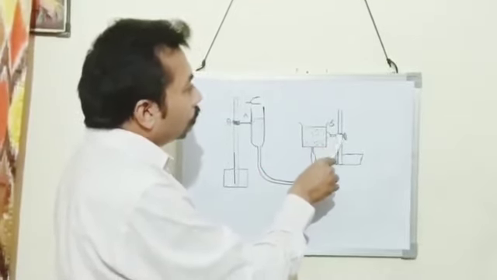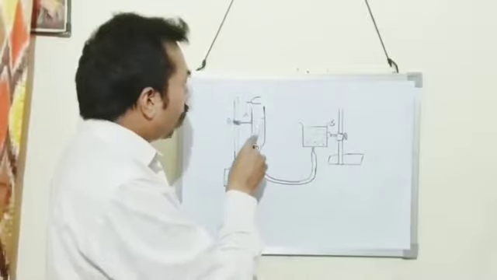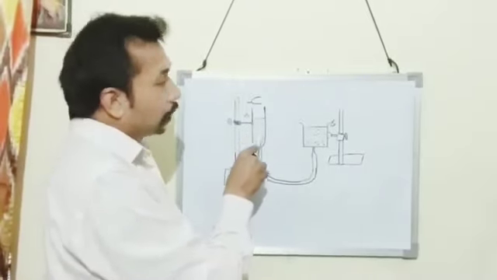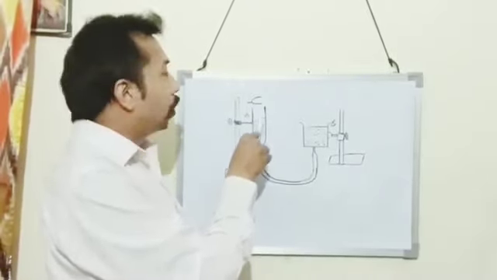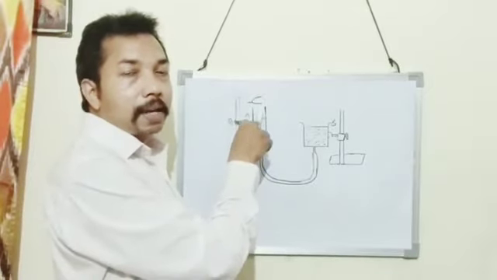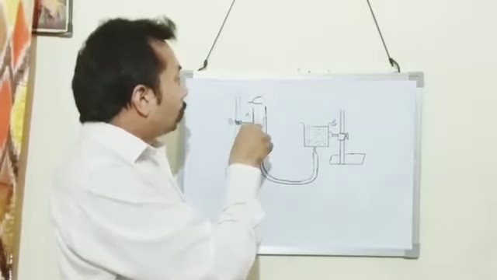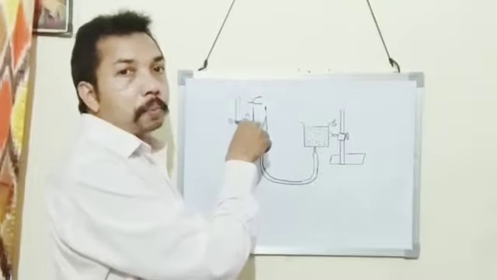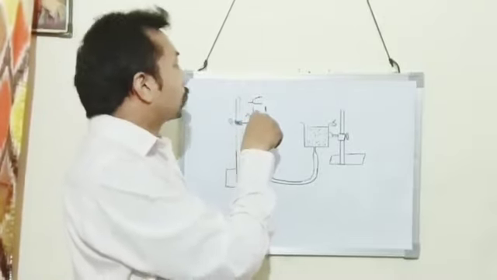When we move B up and down, the height of the water column in tube A also changes, and the height of the air column above the water column in tube A also changes.